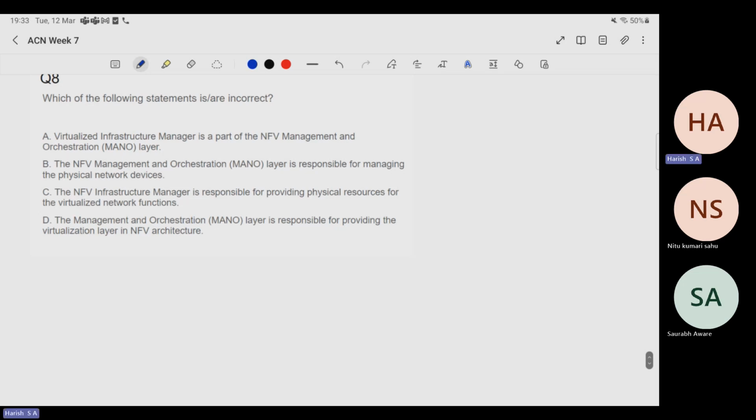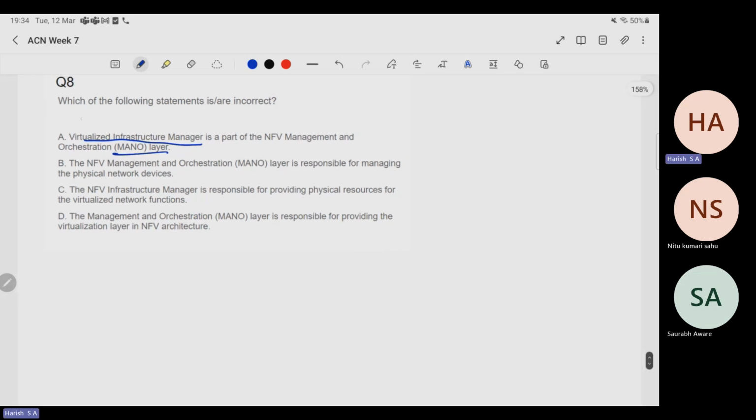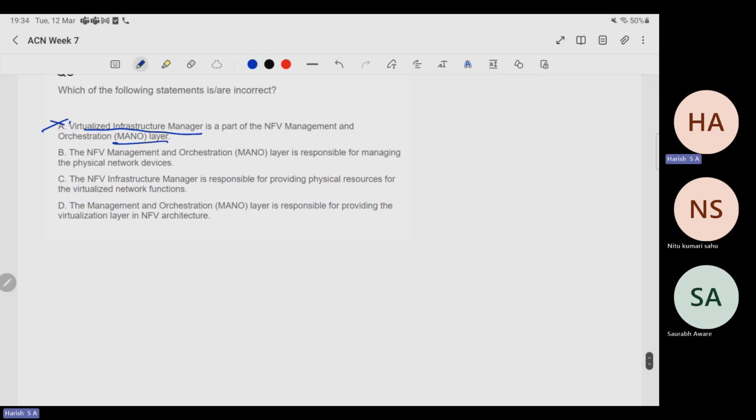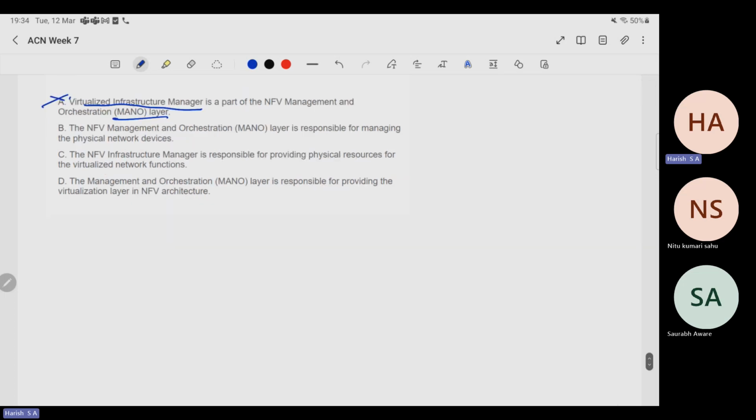Okay, so we saw something called the MANO layer, right? The virtualized infrastructure manager is a part of the NFV management and orchestration layer. So this is not really correct. If you see the diagram, you'll understand. The NFV management and orchestration layer is responsible for managing the physical network devices. Yes, that is one of the works of the MANO layer.